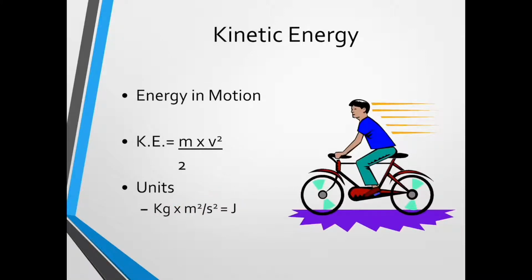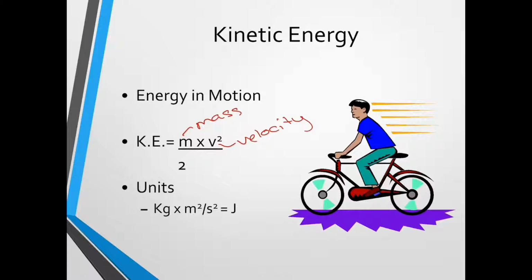So, like I said on the previous slide, kinetic energy is the energy of motion. And in order to calculate kinetic energy, we use the equation KE equals mass times velocity squared divided by 2.